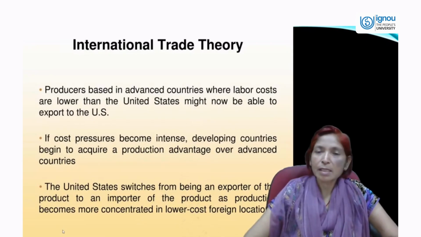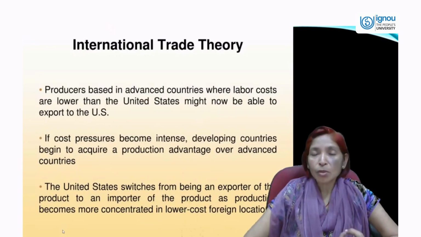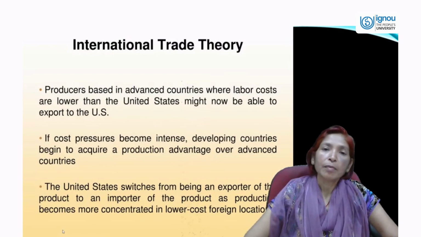So, in these cases, countries engage in international trade, and with the help of this international trade they get advantages. Those resources which are lacking in a country, they can buy or import from other nations.